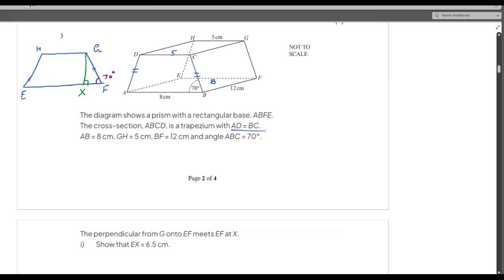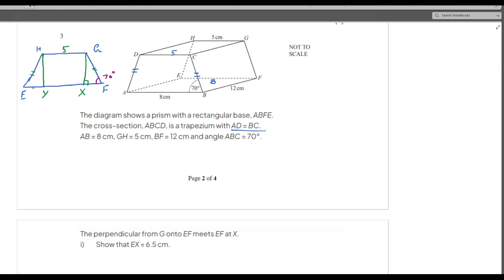Now your GF and your HE both are the same. So by symmetry, I can say that the length EY, suppose this point is Y, and your length XF are going to be the same. HG is given 5 centimeters and EF is given 8 centimeters.